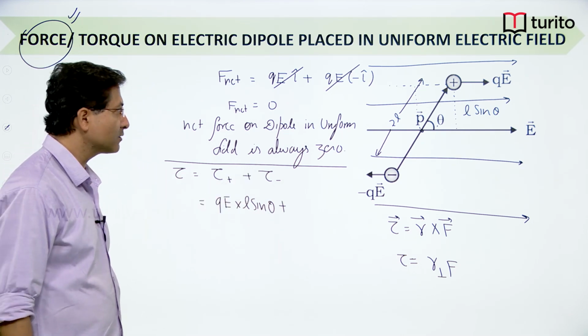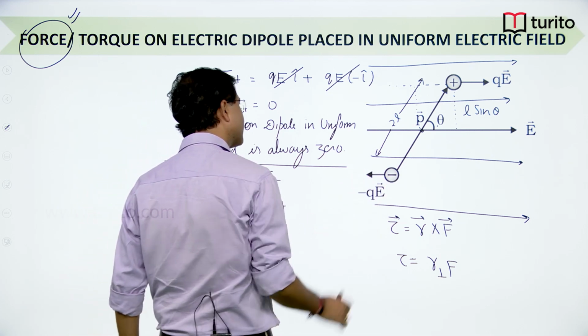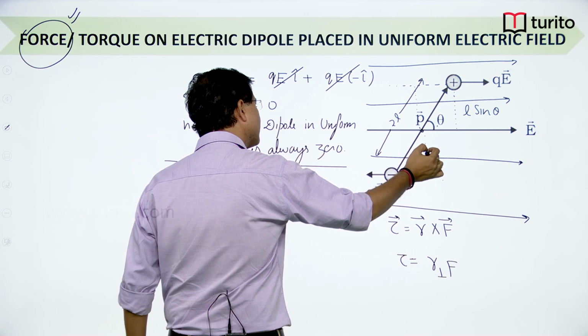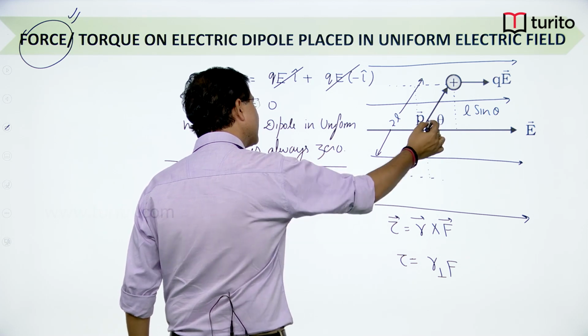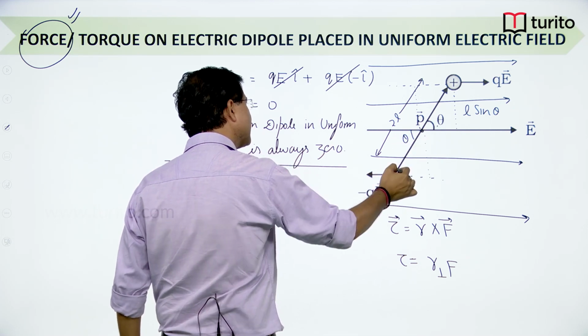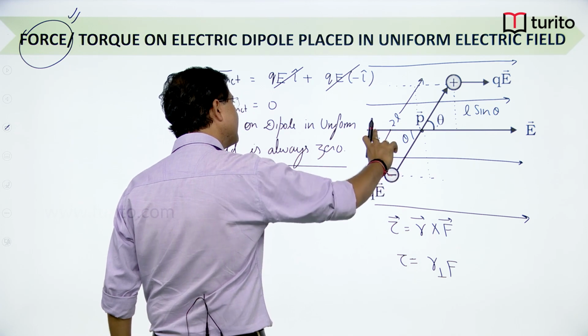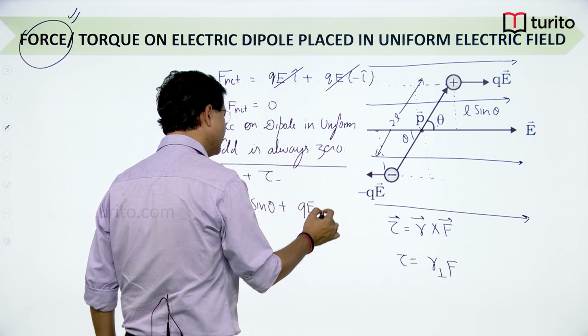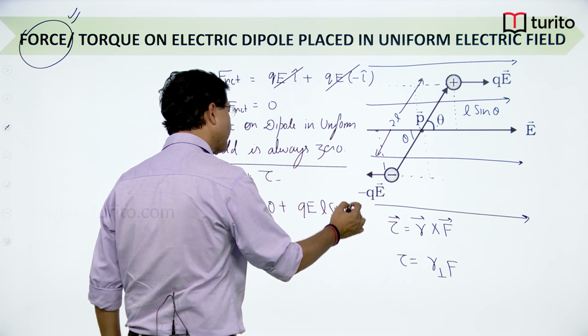because of the negative charge, extend the force and draw a perpendicular, right. So if this angle is theta, this angle will be theta, this is L, this perpendicular distance will be L sin theta. So again the same thing will come. So I can write QE into L sin theta.